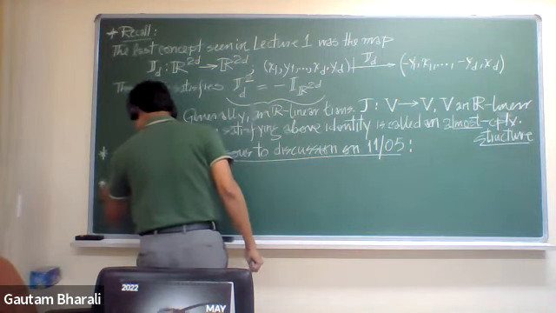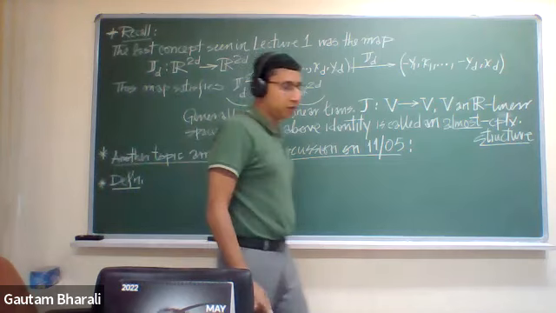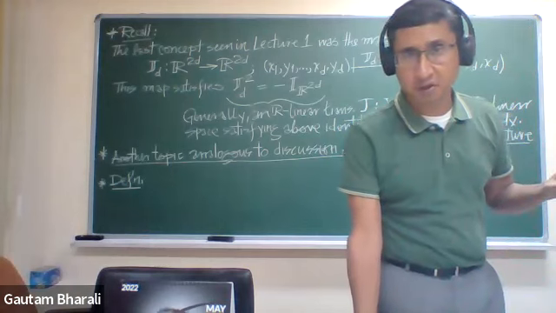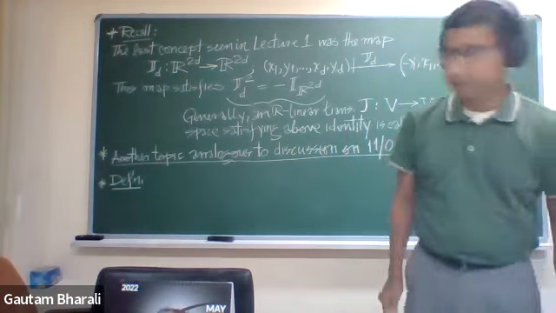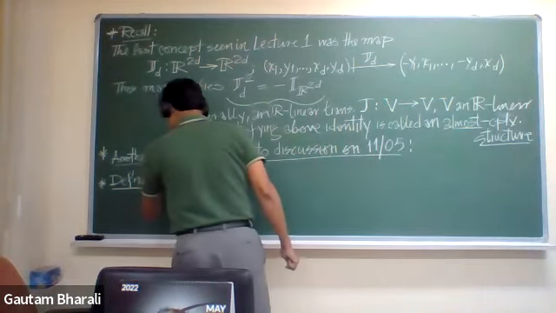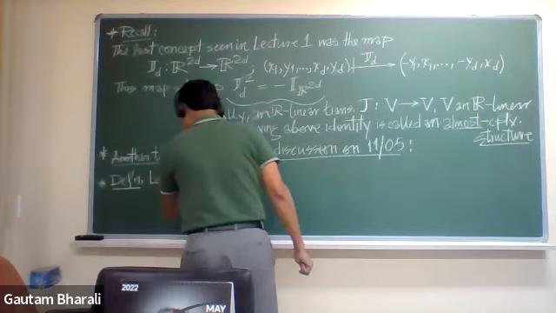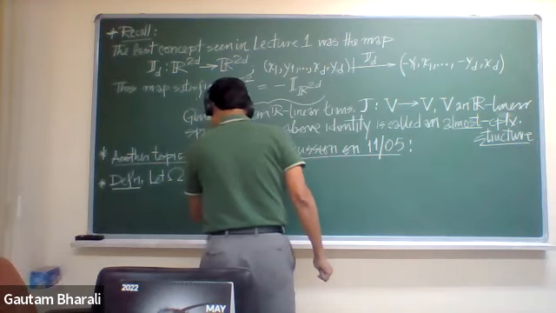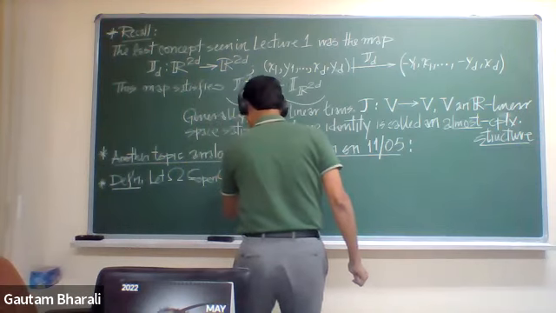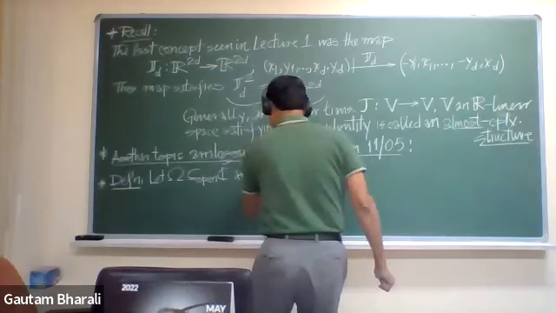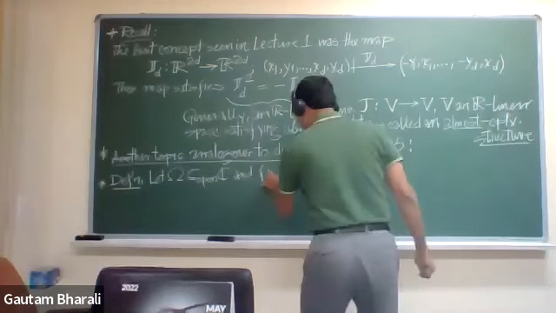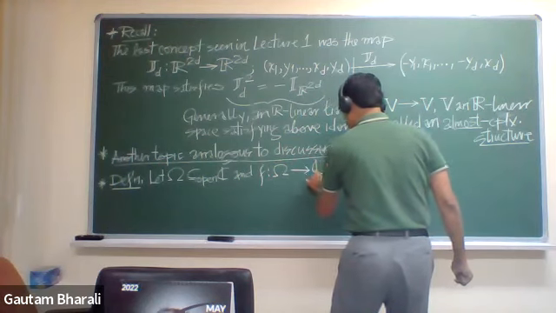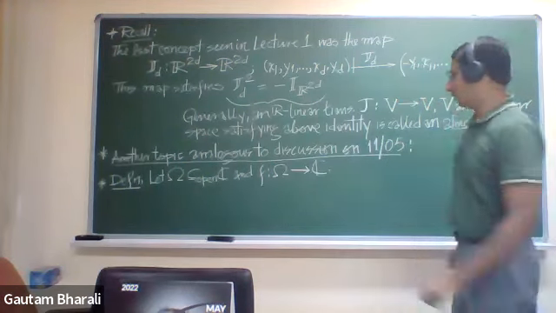You've probably heard this word earlier, but this is the term conformality. Let's write it out. Let omega be an open subset of C, and F a map or a function, whatever you want to call it, from omega into the complex plane.